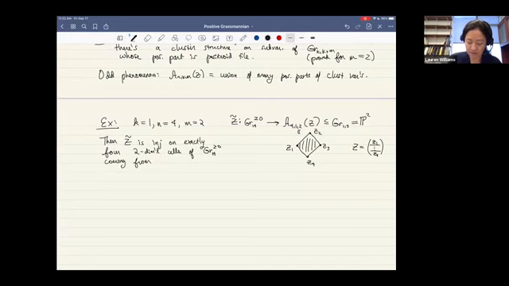I will draw the plabic graphs for these cells. So here is a plabic graph for a cell. This represents one of the 2-dimensional cells on which the amplituhedron map is injective.